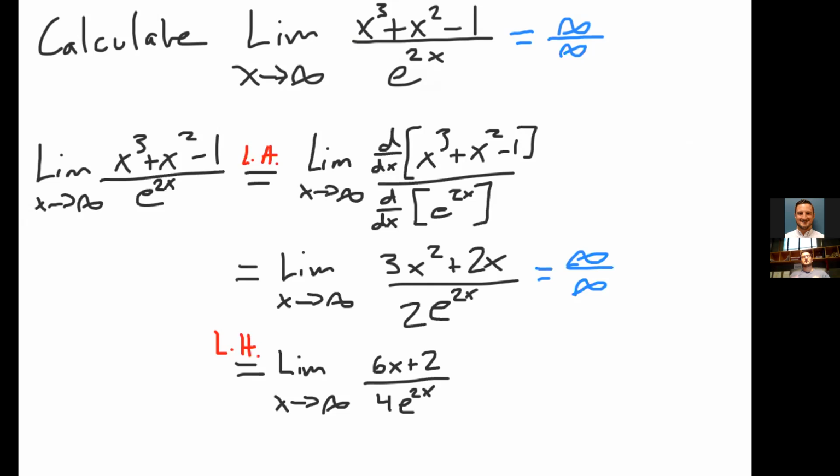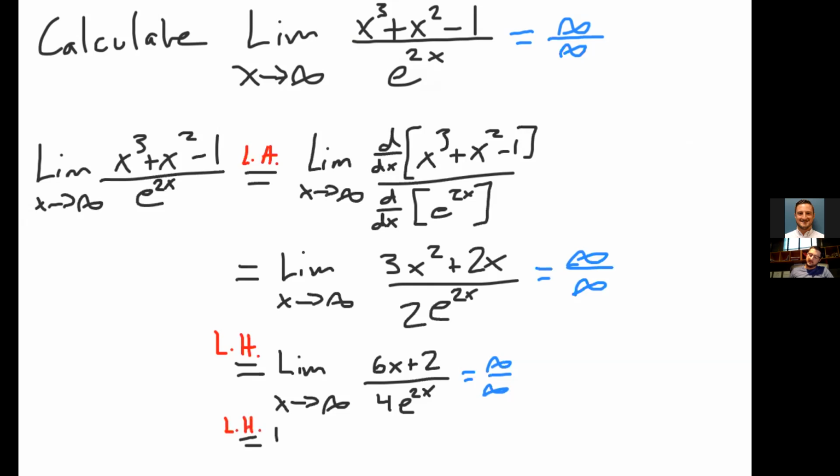So I'm going to have to calculate this again. I'm going to have to use L'Hopital's rule again, but it's still okay because I keep getting that infinity over infinity. Right? As long as I have an infinity over infinity or a 0 over 0, I can apply L'Hopital's rule. So apply it one more time. Let's see if I can fit this in well.